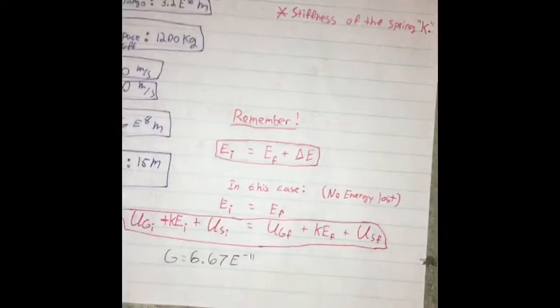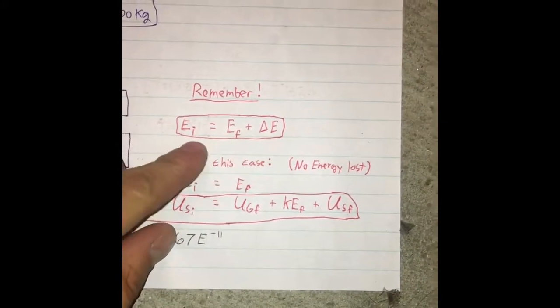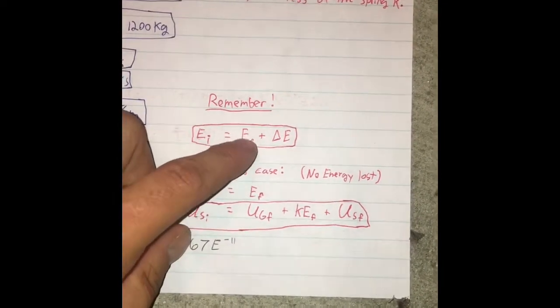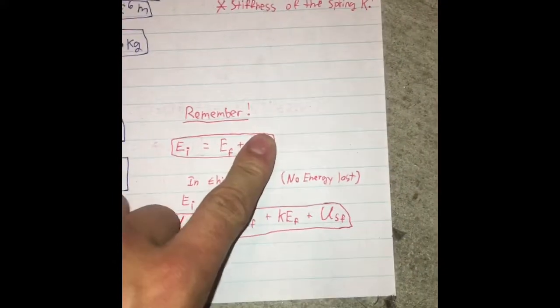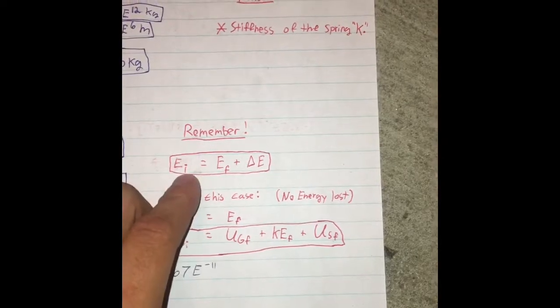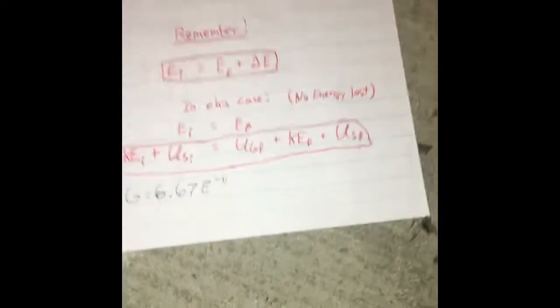So, important things to remember are that here in this case we're going to have a system that will be conserved energy. So we have the initial energy equals the final energy plus the change in energy. But in this case we're going to forget about this because we have the same energy in the initial point as well as the final point of this problem.